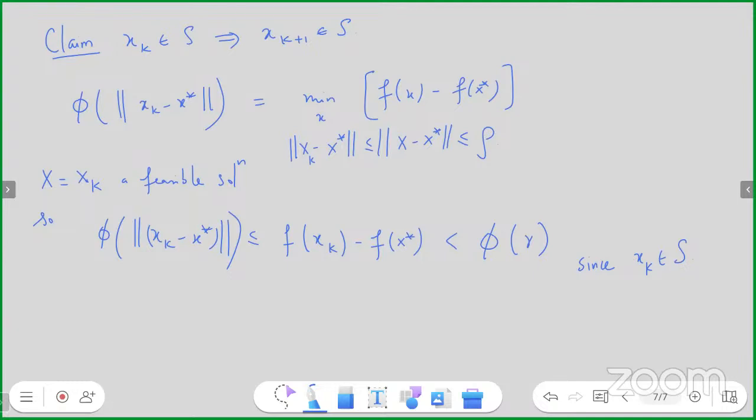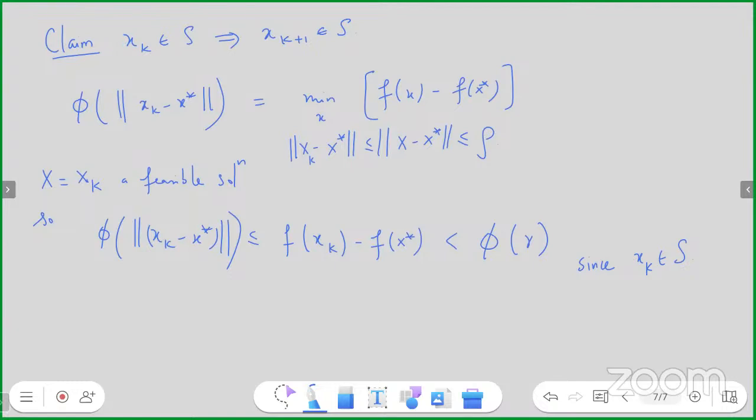Because phi of r is defined as the minimum of f of x minus f of x star such that r is less than or equal to the norm of x minus x star, which is less than or equal to rho. So if f of xk minus f of x star is less than phi of r, then xk cannot lie inside that set. So it has to lie outside that set.